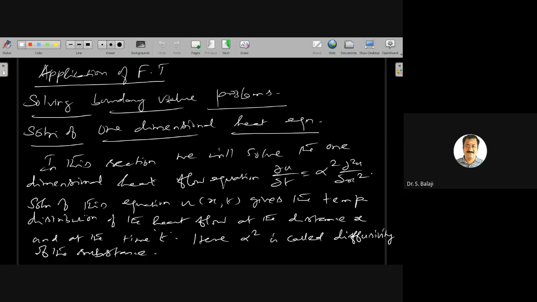Solving boundary value problems, application of Fourier transform. Put the heading as application of Fourier transform.